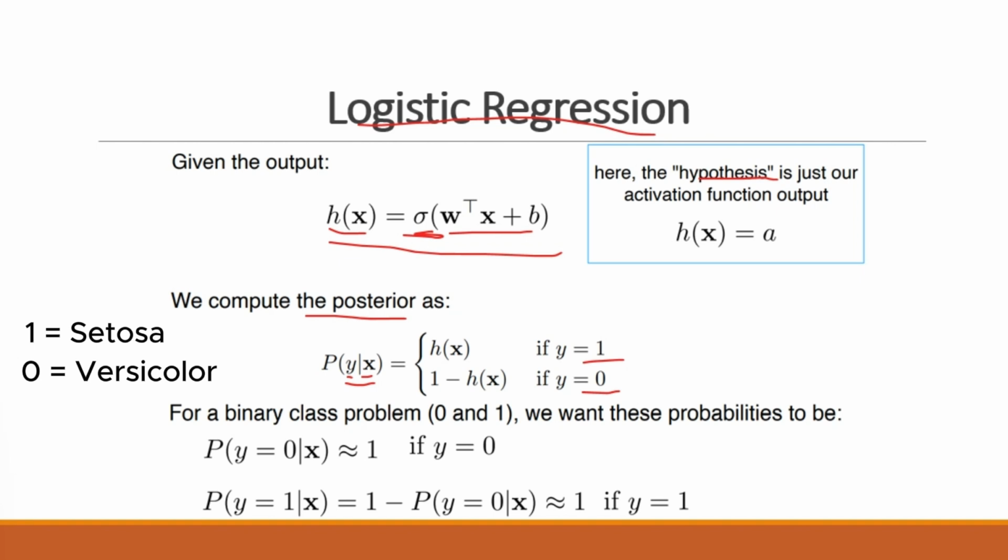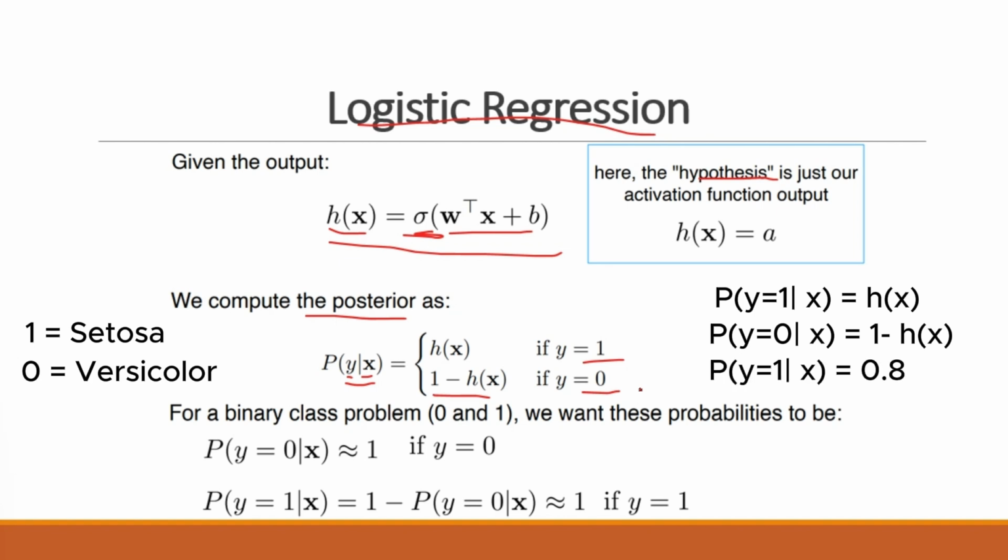Now if I want to compute the probability that a given feature vector belongs to setosa, class 1, I can write it as P(y=1 | x), let's say 1 because it's shorter, and this is computed as h(x), and the probability of y equals 0 given x is computed as 1 minus h(x). Now imagine the probability for setosa is 0.8, then equivalently the probability for versicolor would be 0.2, right?